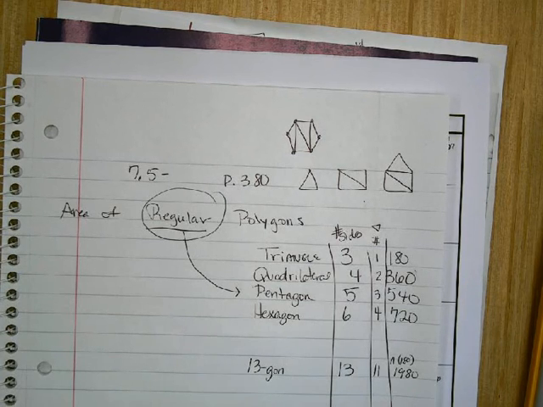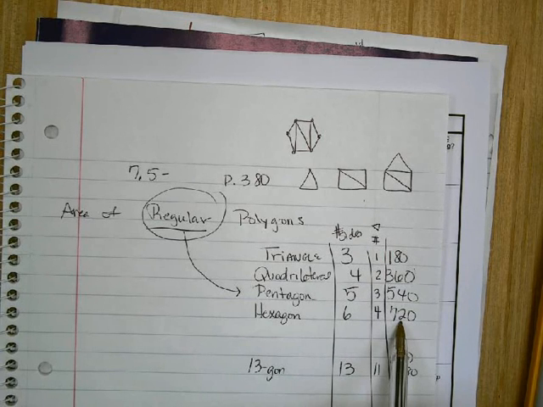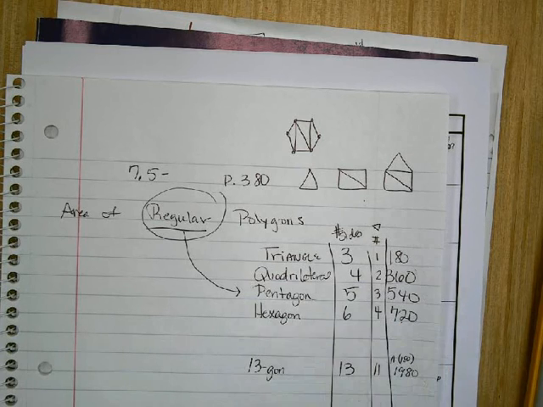So can you figure out the measure of each one? What'd you get? 108. So on a regular hexagon, what would you do to tell me the measure of each angle on a regular hexagon? Yeah. 120. Okay, we kind of got the picture here?